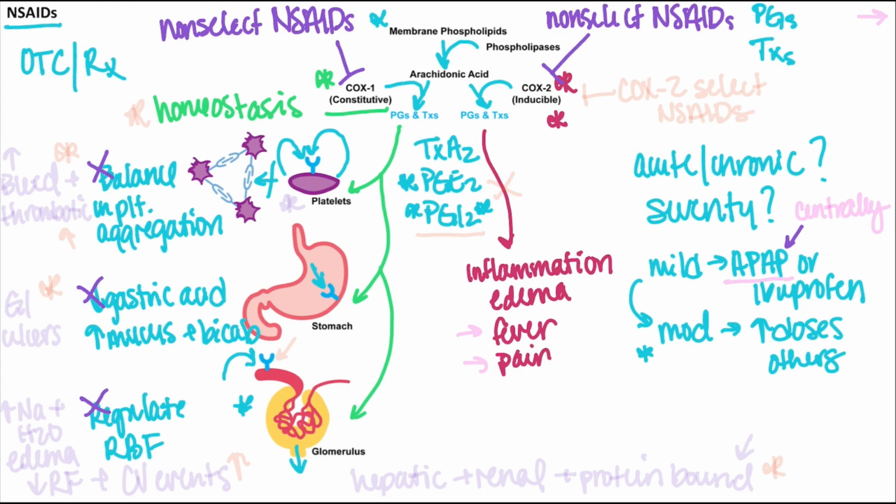And that is why NSAIDs that are non-selective come with a number of serious concerns like GI ulcers, increased bleeding, but also thrombotic risk, because remember, prostacyclin and thromboxane sort of balance this platelet aggregation. There's also going to be an increased salt and water retention, edema, potentially reduced renal function, and cardiovascular events.